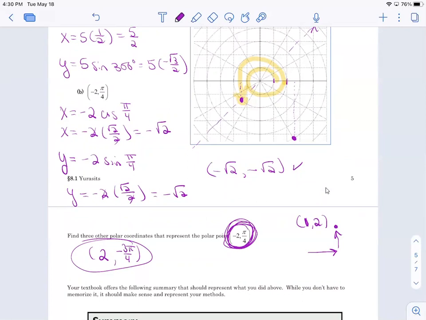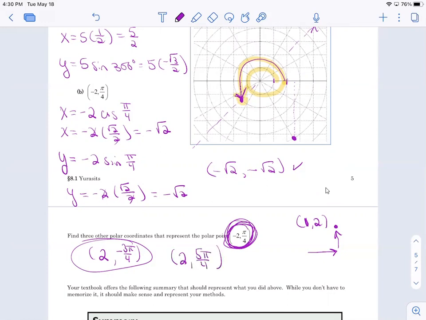Now this angle from here to here, remember, that's going to be 5π/4. So I could do (2, 5π/4).